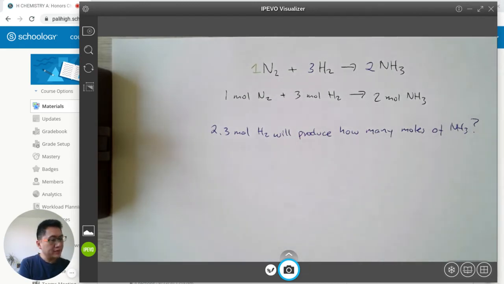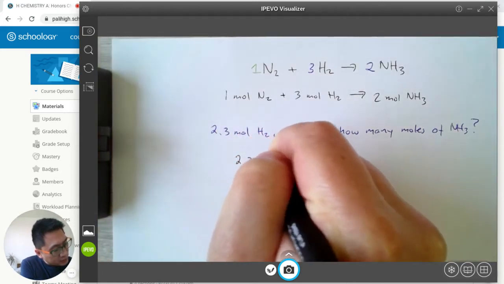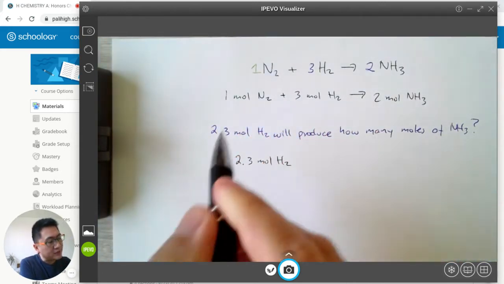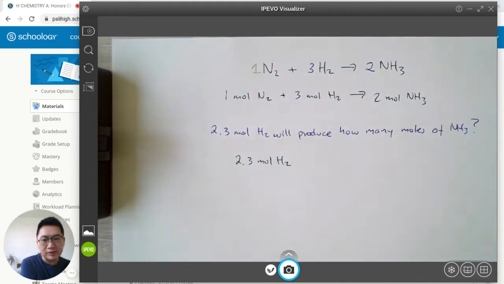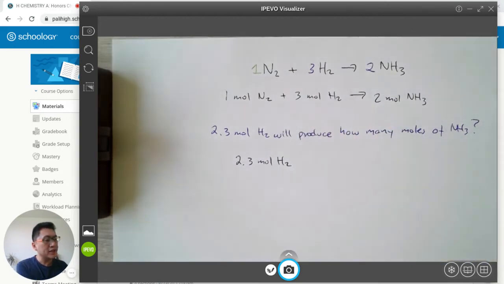Always start with the given. In this case, this is my 2.3 moles of hydrogen. That's my given. That was just given right there, 2.3 moles of hydrogen. Now, I want to figure out, again, how many moles of NH3, ammonia. I know the ratio between them is 3 to 2, 2 to 3, one of these.